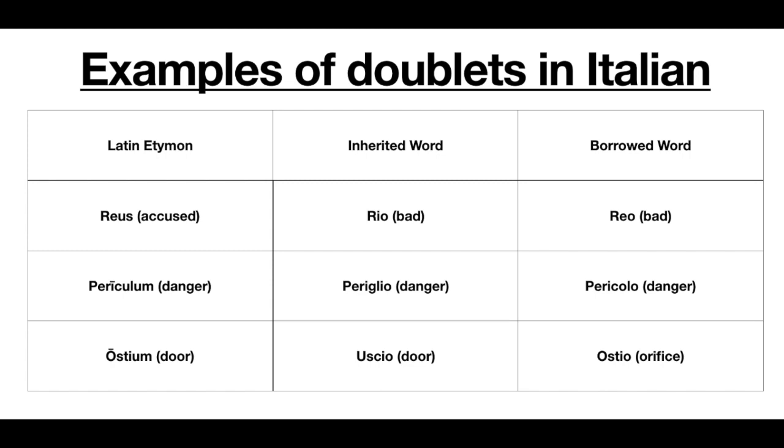And we can see that the Italian version, the inherited word, has changed the vowel sound from an e to an i, but then now the borrowed word resembles the Latin version more closely, so we have reo instead of rio. And again, obviously those borrowed words from Latin in Italian are considered a little bit more educated and prestigious than the inherited words, because they're the language of Latin, and Latin is considered in the Western world to be a language of learning and education.